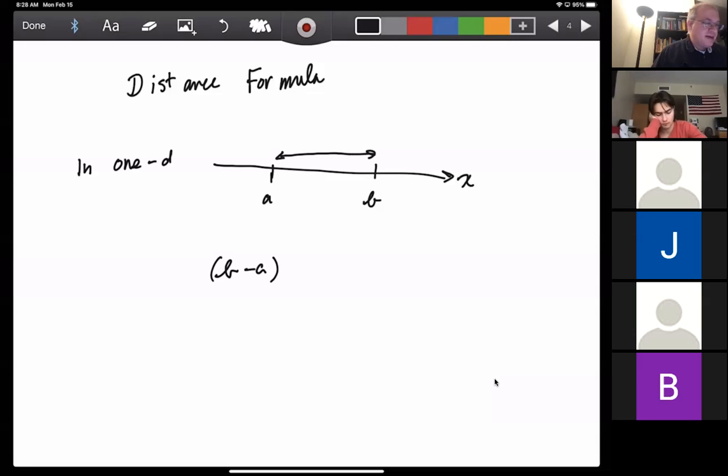Distance by convention has to be bigger than or equal to 0.